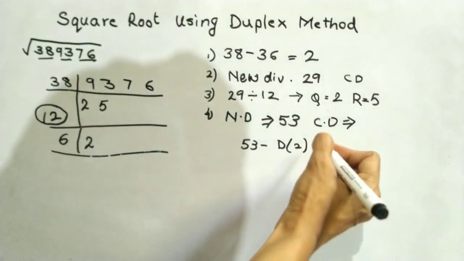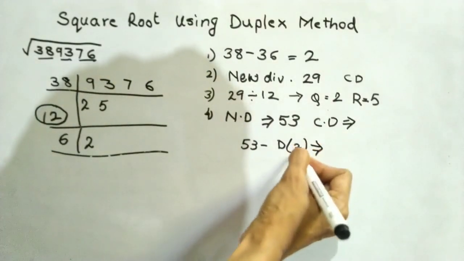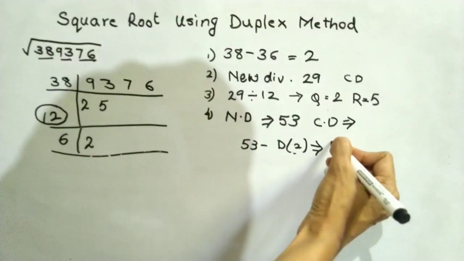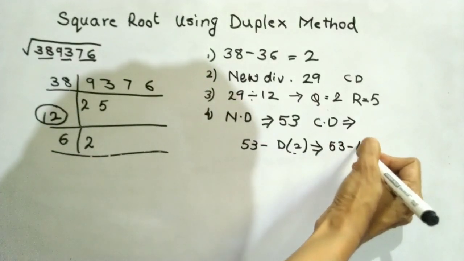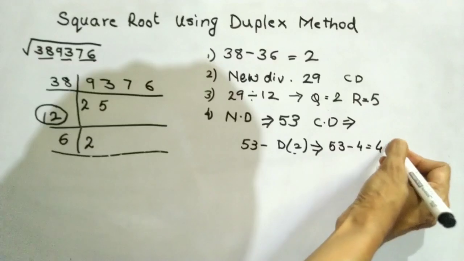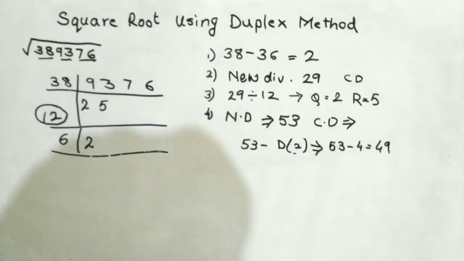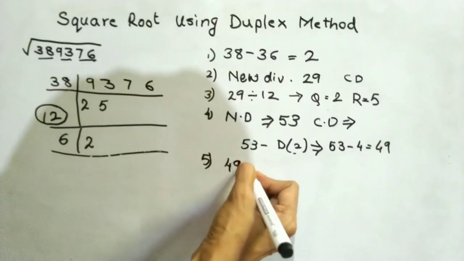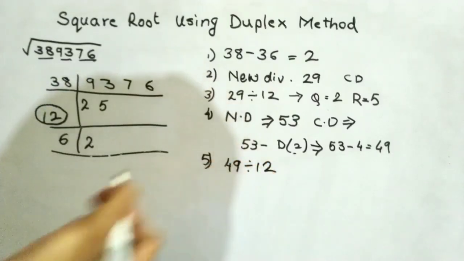Duplex of 2 is 2 squared; for a single digit, the duplex is the square of that digit. So we have 53 minus 4, that is 49. So now the corrected dividend is 49, and we are going to divide that 49 by 12.